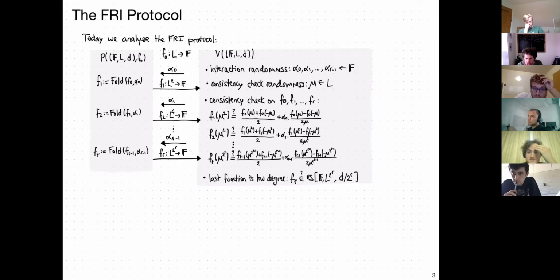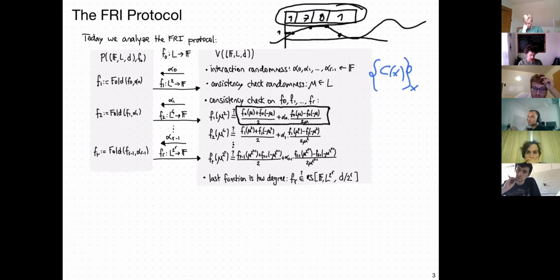I'm not sure I see what you're saying. Maybe you can point out where it appears on the slide? Yeah. What was confusing for me is that on the verifier side, we write f0 evaluated at mu.